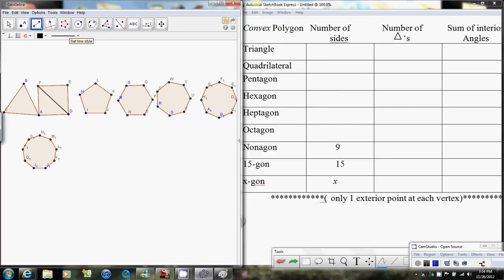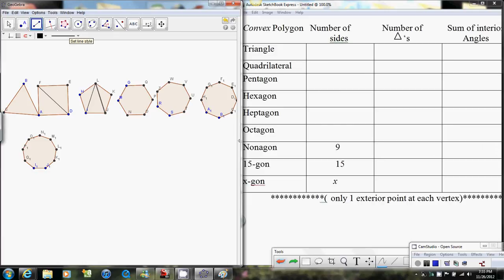If I do the same for this pentagon, picking a vertex and drawing a diagonal from L to I and from L to J, I've created three triangles.